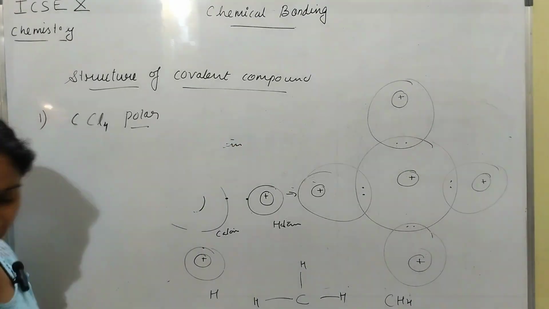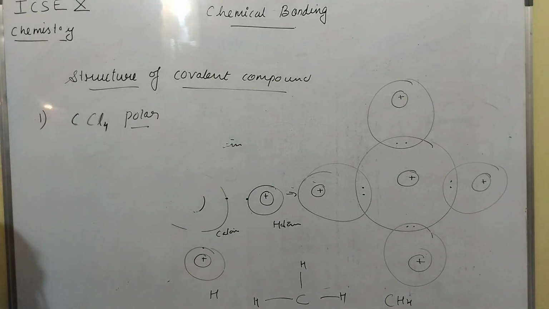If anything is left, in your book all the structures are given. Let me check how many structures are remaining now. Yeah, methane, carbon tetrachloride we have done, nitrogen, water. Okay, next we will do water.